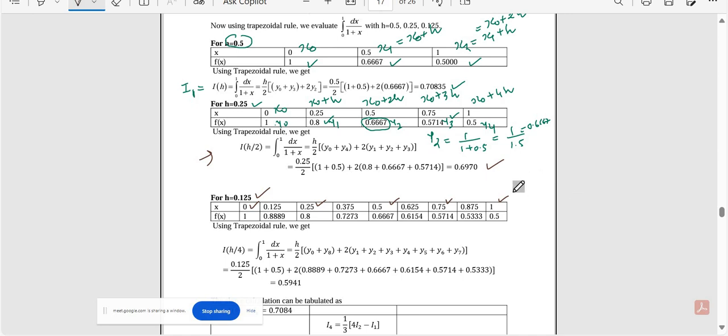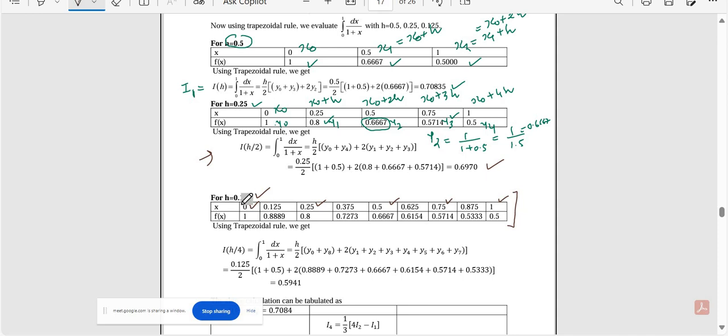If we compare table 1 and table 2, you can see that n in table 1 is equal to 2 and n in table 2 is 4. But now we have values up to yn equal to y8.